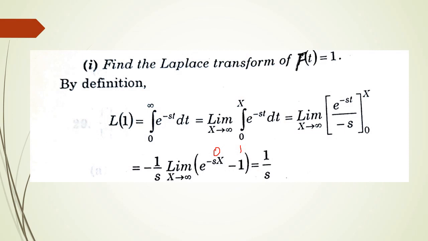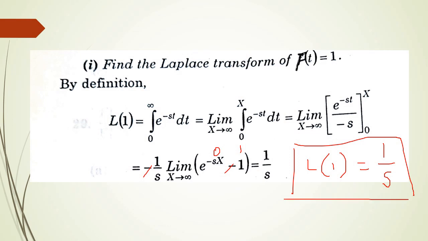So 0 minus 1 is minus 1, and this minus and this minus will cancel out. So we will get 1 by s as the answer. So the Laplace transform of 1 is 1 by s, which we have obtained in this example.